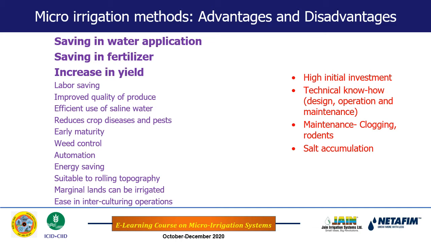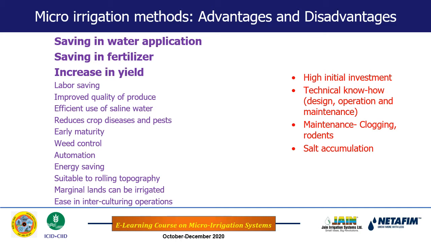Therefore we can use saline water efficiently as compared to other irrigation methods wherein the irrigation interval is large. Again, this is to do with the frequent application of water, by which we can maintain the water content in the root zone at low tension or at high content.